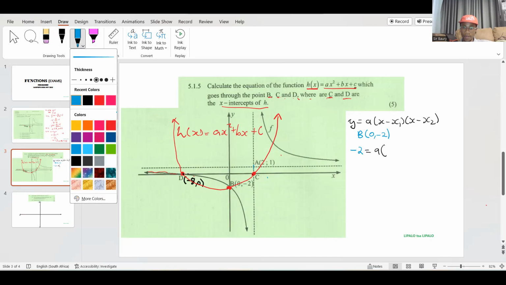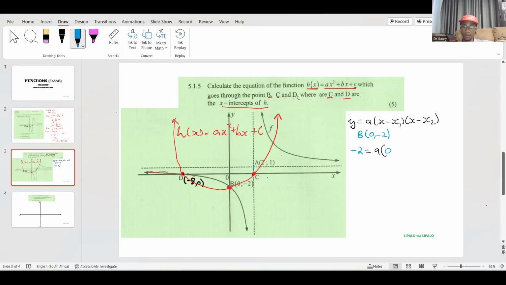The y-intercept. So I have 0, then minus x1, then the same point again, 0, then minus intercept.